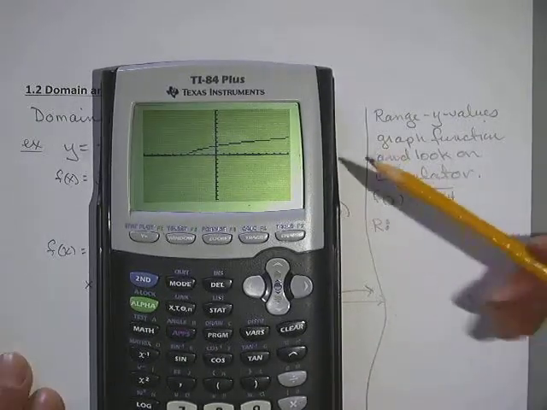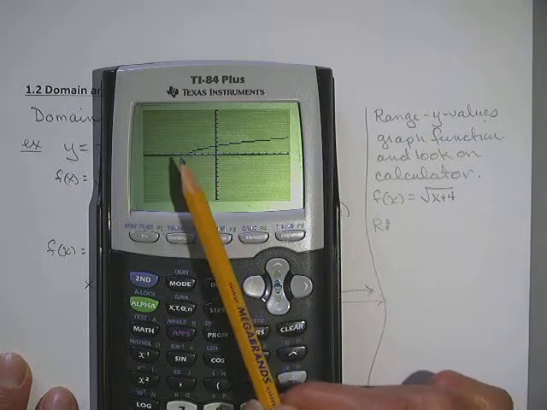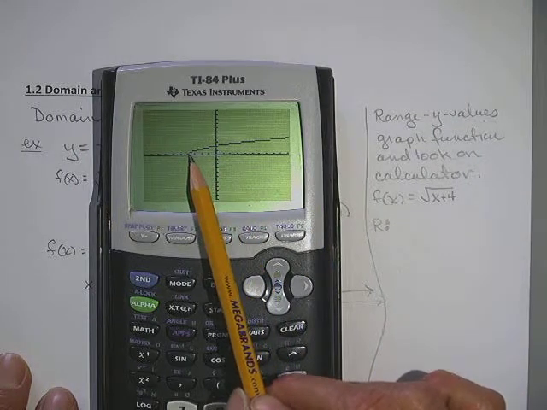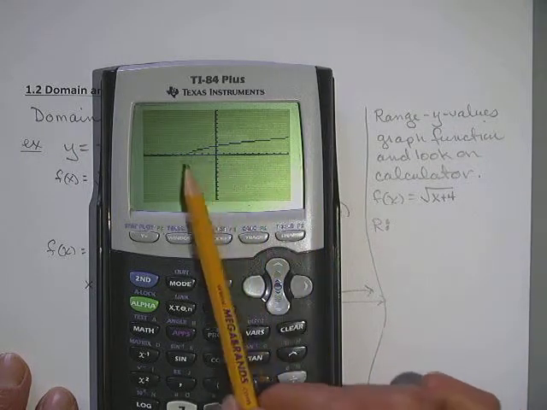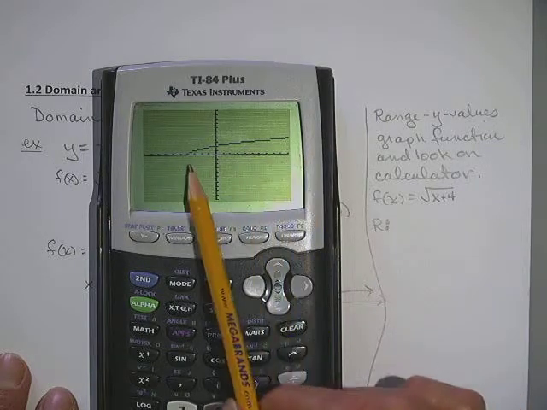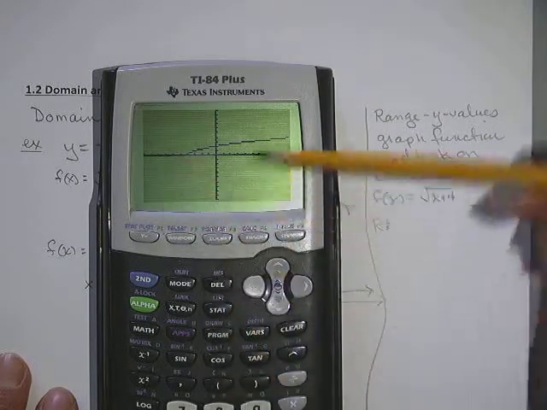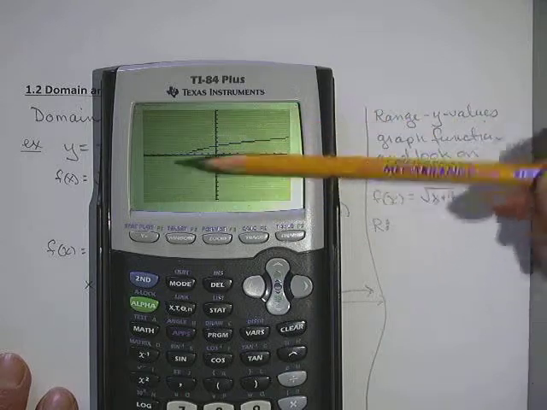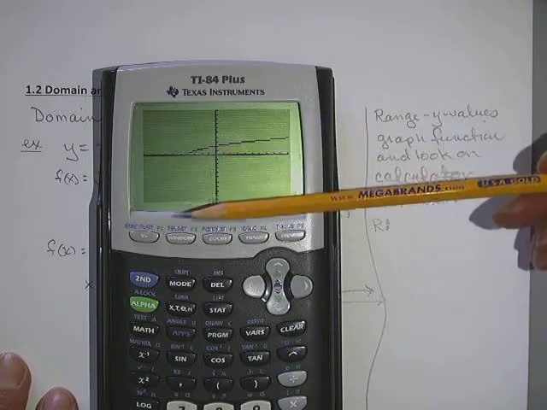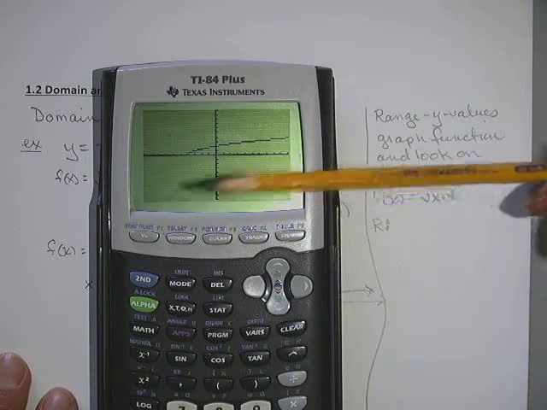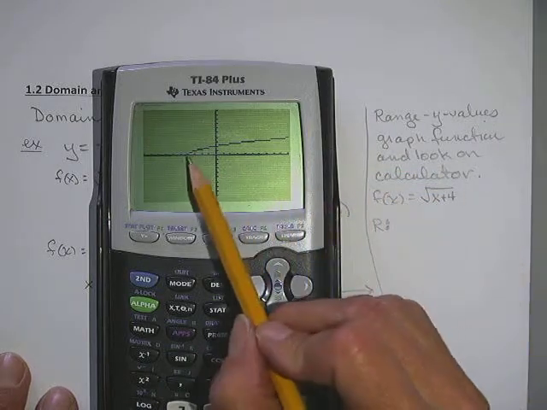And when you take a look at this function right here, like I said, the x values that work are from -4 to infinity. This is going to keep on going up. The range is the y values along the y-axis. Does this graph go below the x-axis at all? No. Okay.